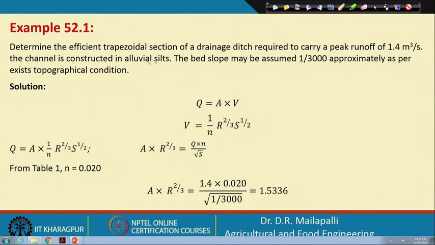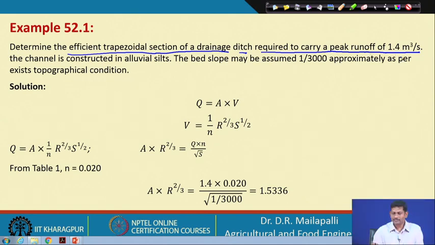Let us see, determine the efficient trapezoidal section of a drainage ditch required to carry a peak runoff of 1.4 meter cube per second. This number we got using the rational method, SCS curve number method or Cook's method.